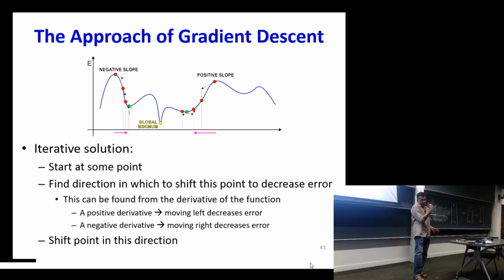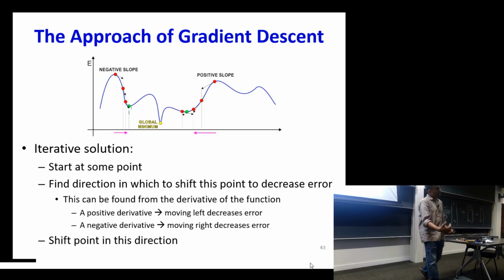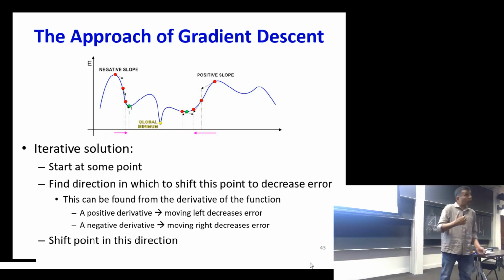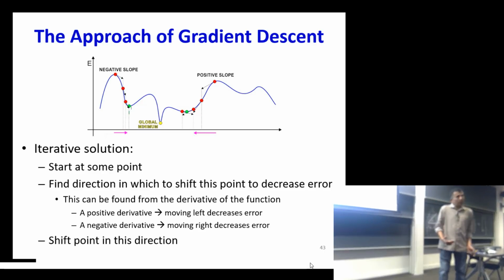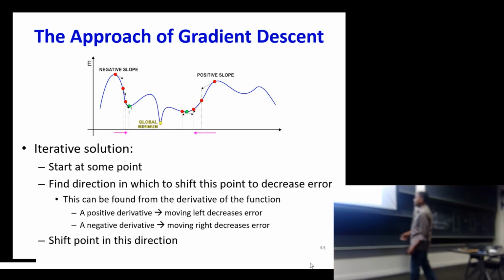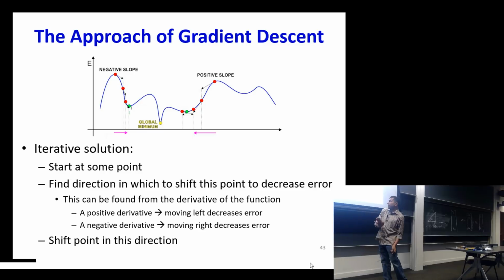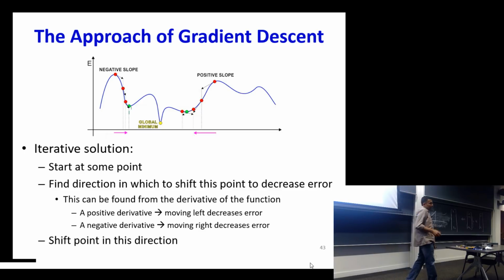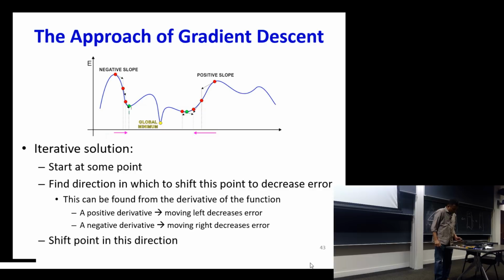If the derivative is negative, it means moving forward is going to decrease the function. So if I want to decrease the function further, I want to move forward. So basically, if the derivative is positive, moving left decreases the error. If the derivative is negative, moving right decreases the error, where I'm defining left, right as is shown on the slide.